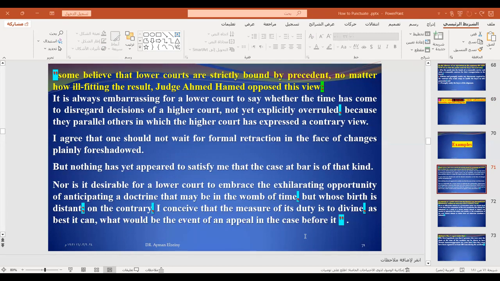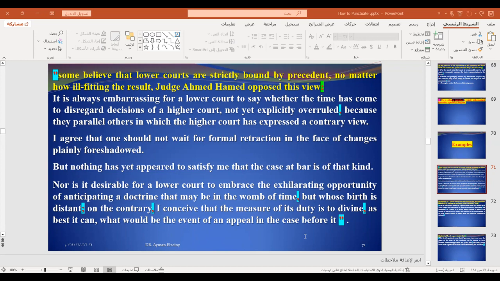Judge Ahmed opposed such a view. After such a view, we shall explain the details of Ahmed's point of view. So we had to put a colon.